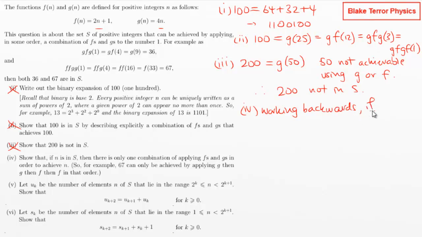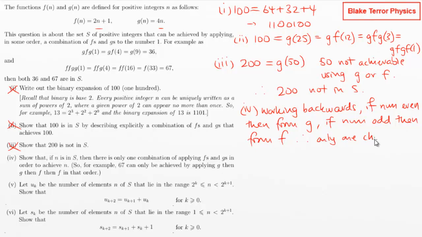If the number is even, then it is from G. If the number is odd, then it is from F. Therefore, there's only one chain from the number back to 1. Right, so far so swift on this question.